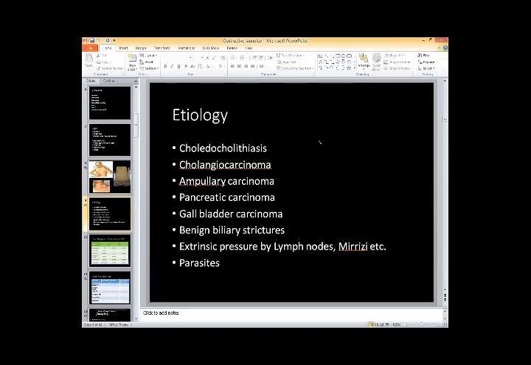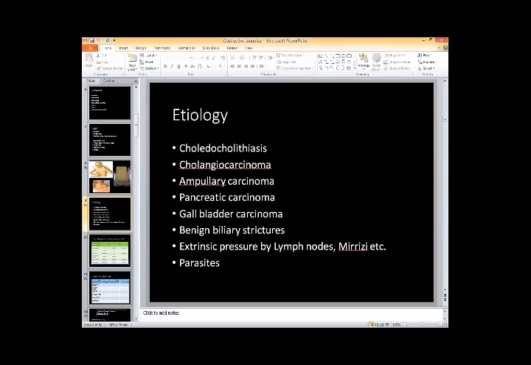So actually stones are formed in the gallbladder, and then somehow they travel through the cystic duct and come into the common bile duct, and then they lodge there and cause obstruction. So they are not primarily bile duct stones, they are coming from the gallbladder, but this condition is called choledocholithiasis. Choledocho means stone in the bile duct.